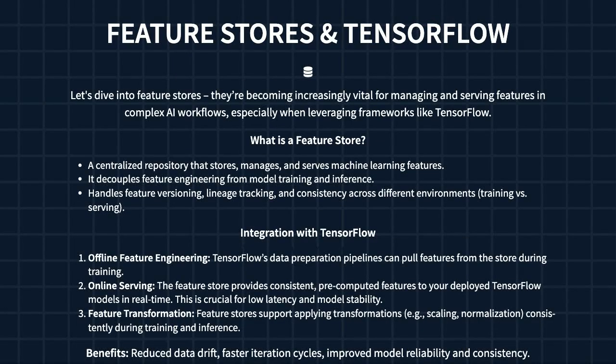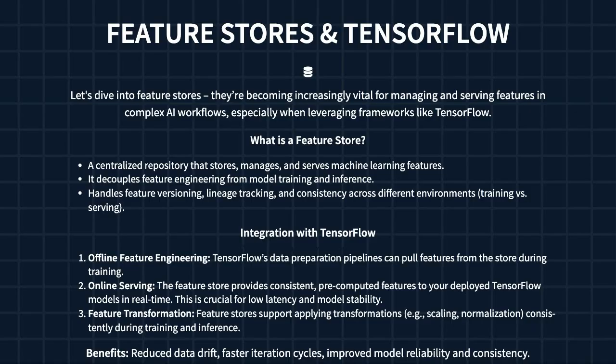Okay, let's talk about feature stores. Think of them as a central hub for all the data you need to feed into your TensorFlow models. They're like a really organized database specifically designed for machine learning features. So, what exactly is a feature store? It's basically a place where you keep all your prepared data, things like user ID, product categories, or whatever information helps your model learn.